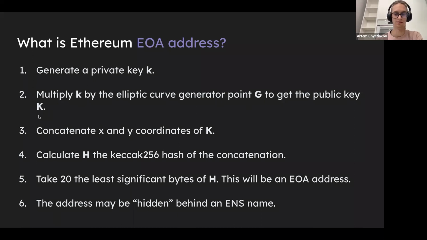This is the usual process of public key generation using elliptic curves. You have some publicly known point G, which is also defined for Ethereum, and it is a huge number, like 60 symbols.